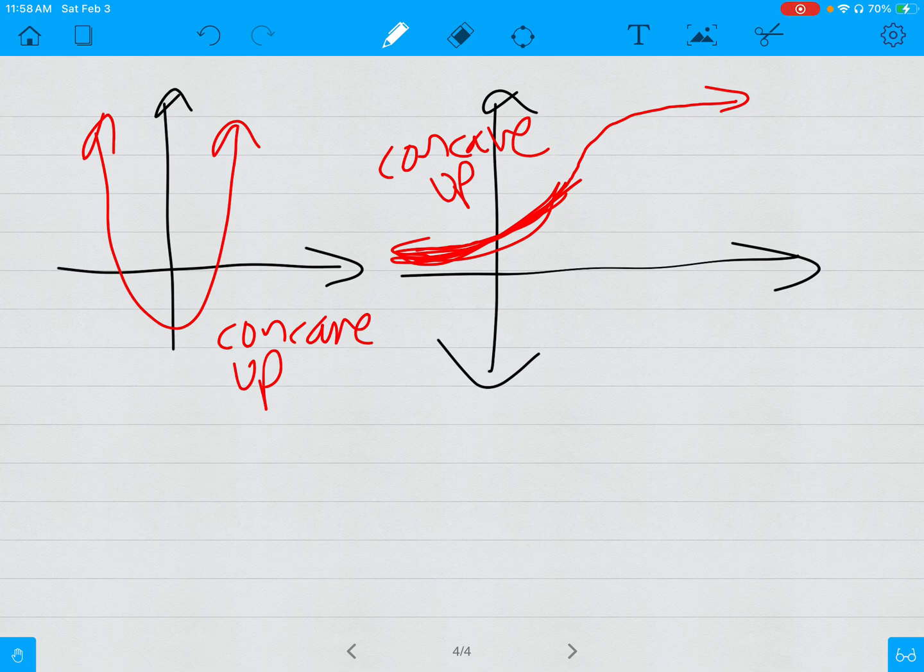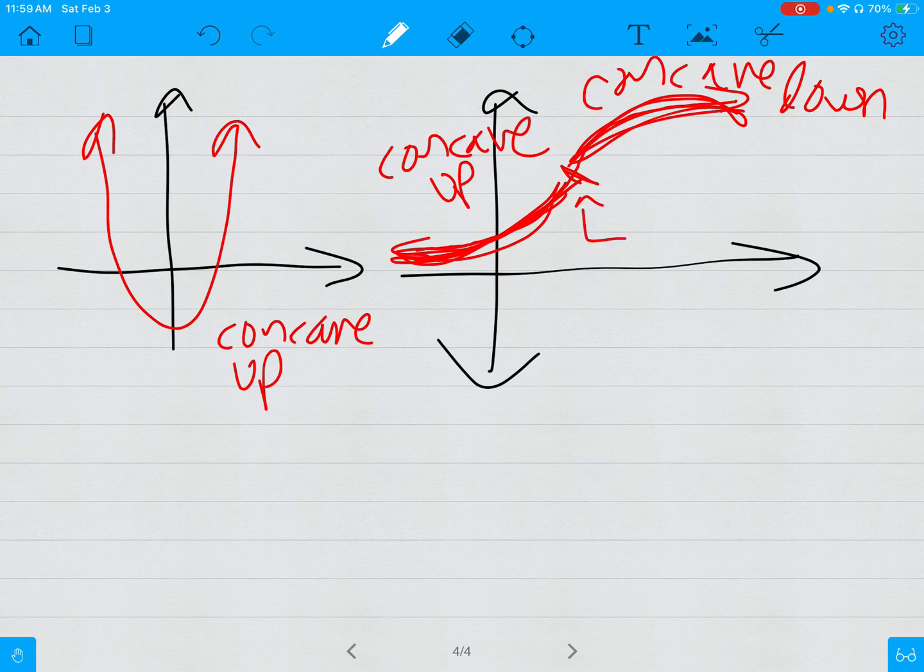Again, upward cup shape, concave up. This upper right portion of the flattened out S shape here, there we have a concave down. Right, the cup shape of the graph, the rounded part, is facing downward. And then here, in between, that's where we've got our point of inflection.